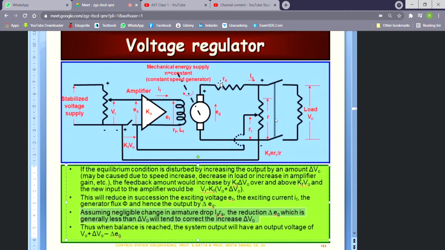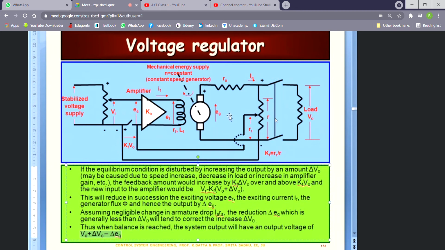So as a result of this decrease in the EG by an amount delta EG, naturally at the output, remember we had started off with VO plus delta VO. We had said that VO increases by an amount delta VO. So now the output will become equal to VO plus delta VO minus delta EG, right?